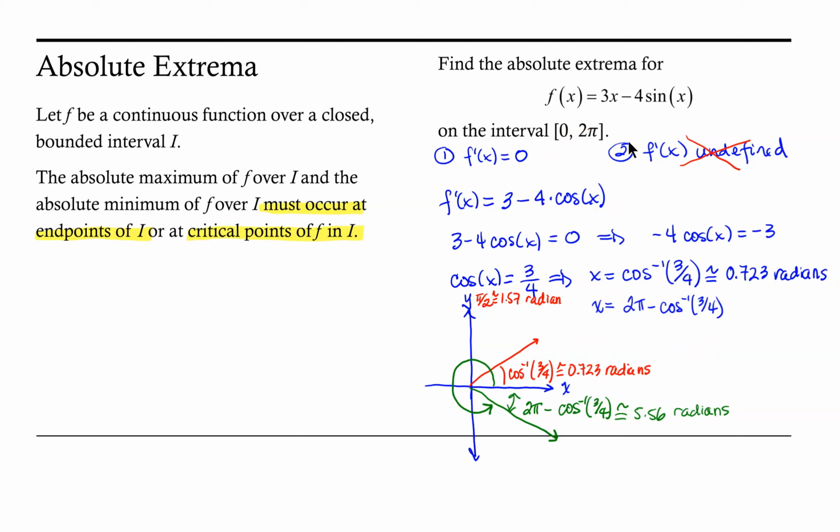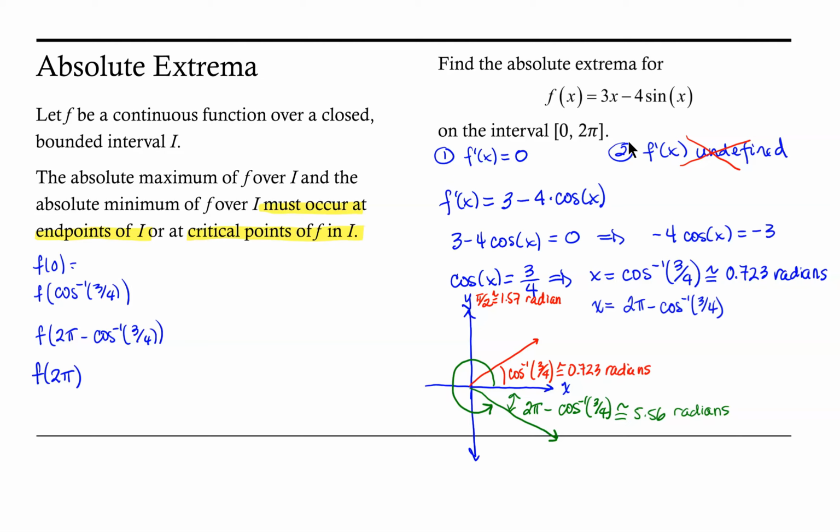So we're going to evaluate f at 0, my endpoint, f at my first critical point, cosine inverse of 3/4, f at my second critical point, 2 pi minus cosine inverse of 3/4, and finally f at my other endpoint, 2 pi.